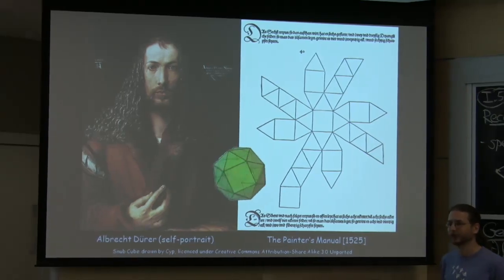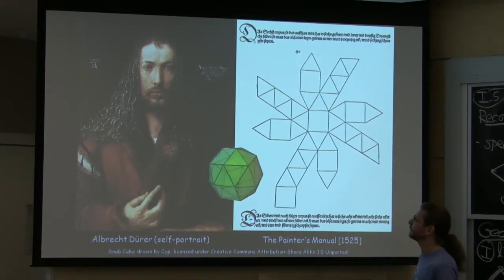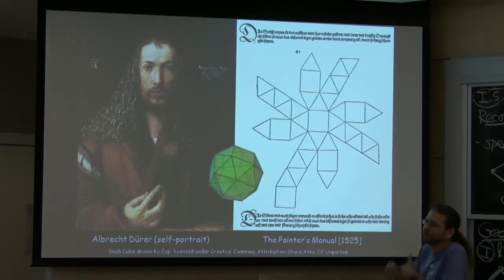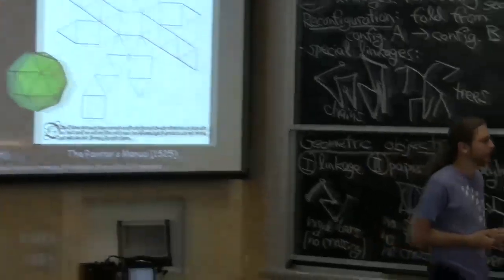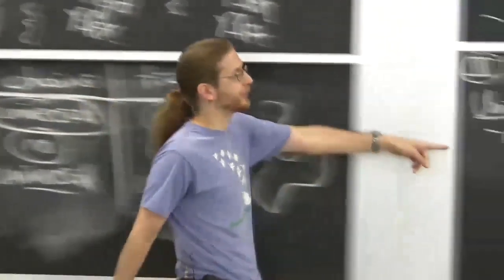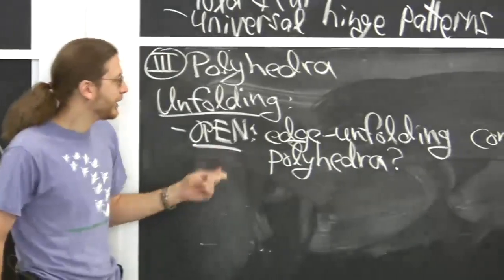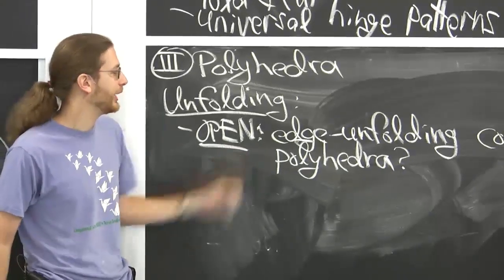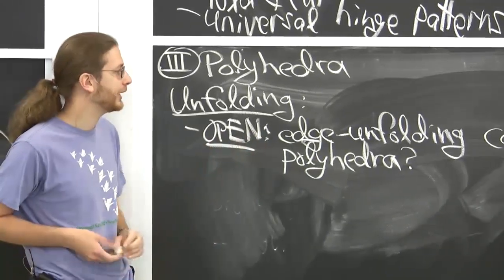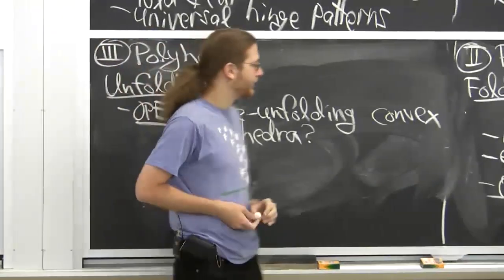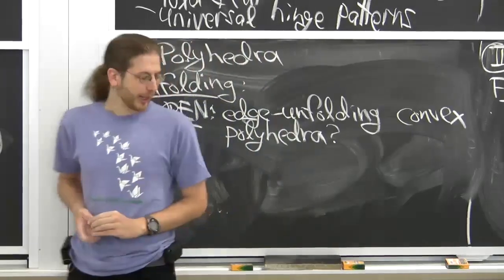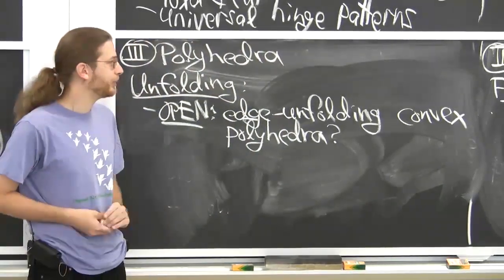Most of them are correct. There are a couple of small errors, probably just transcription errors. And he did this because he wanted to understand these 3D shapes. He had to build them. How do you build them? So he didn't pose this mathematical question. He was not a mathematician, but it's sort of implicit there, and people have been thinking about it for at least decades, if not more. At least since '65, I think, is the first formal posing. And it's really hard. A lot of people have worked on it.